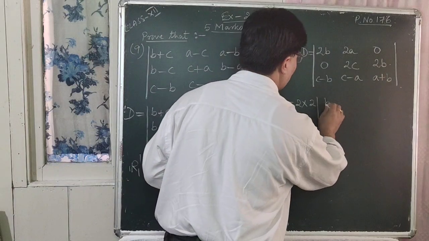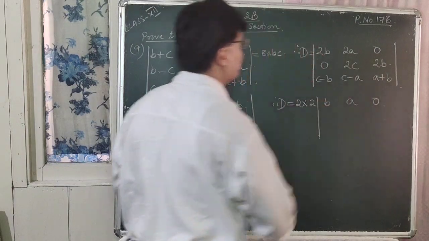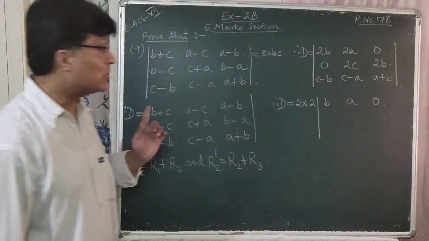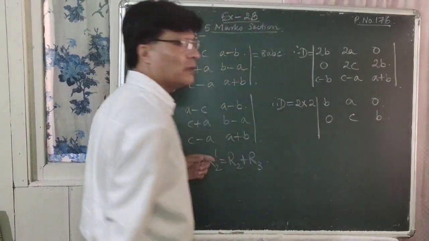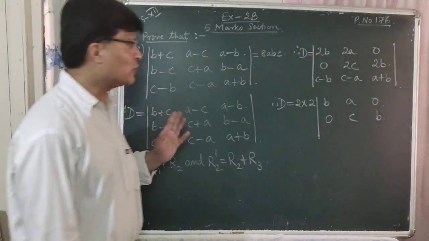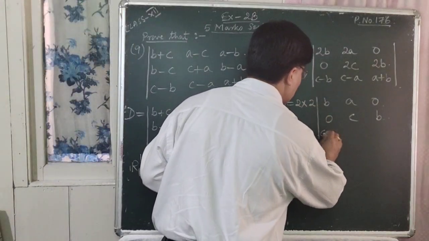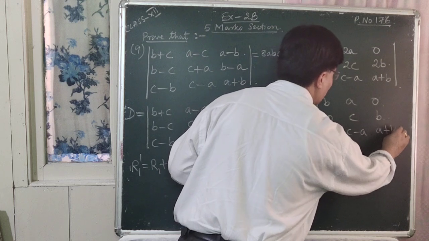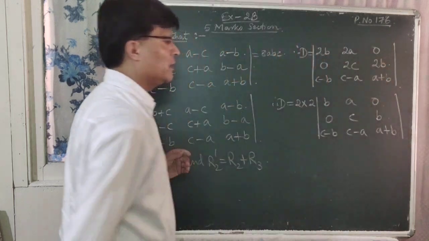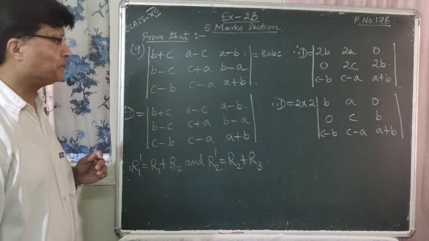That is b, a, 0. Then what is the new second row? 0, c, b. Next, what is the third row? The third row remains the same: c minus b, c minus a, a plus b. Is that clear to all of you?